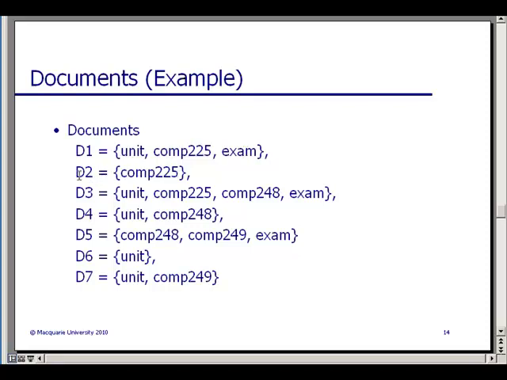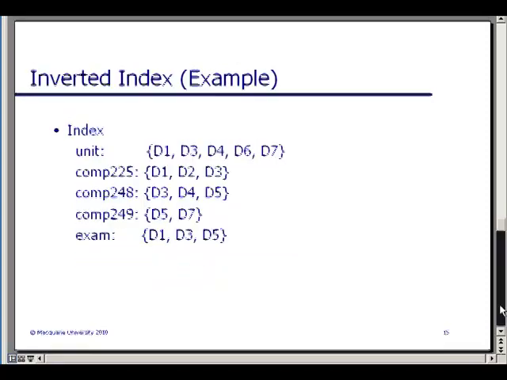COM225 is also in document D2, and D3 contains these words. So what I do first is build a so-called inverted index. I say unit occurs in D1, D3, D4. These can be the documents or simply URLs that point to the documents. COM225 occurs in D1, D2, and D3, and so on.